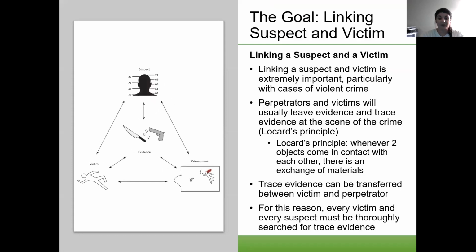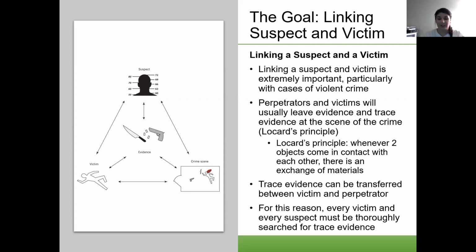As an example, you have a suspect, and you have evidence: a knife and a bullet and gun at the crime scene. The knife and the gun are evidence which can be linked to the suspect, and that links the suspect to the crime. The gun is at the crime scene, where the victim is.